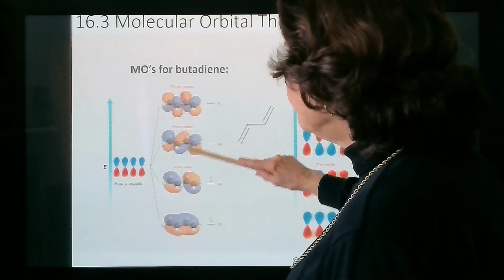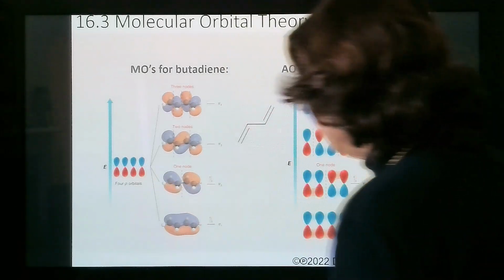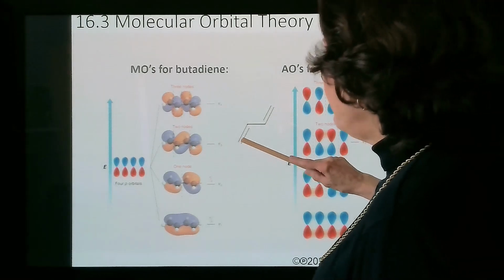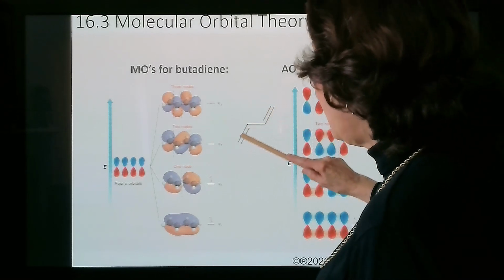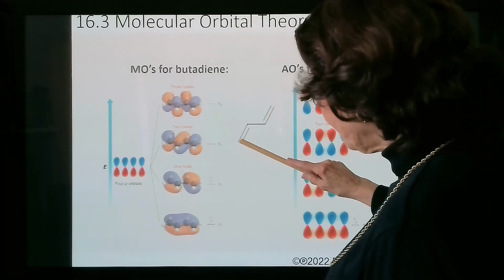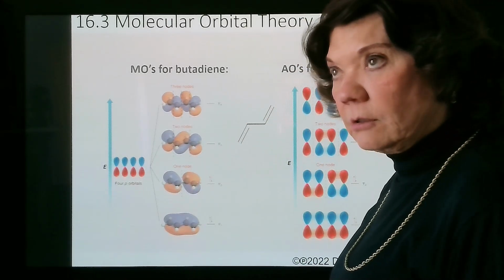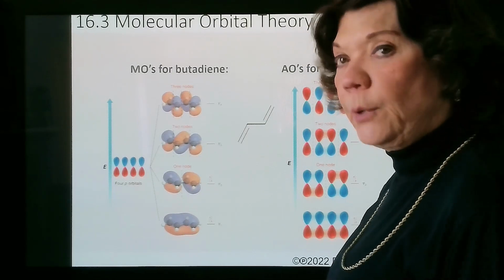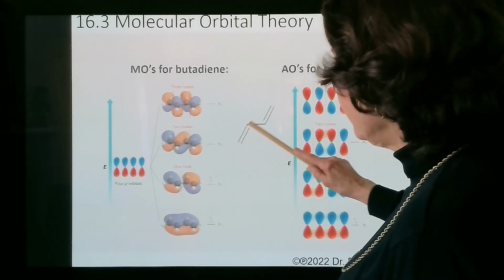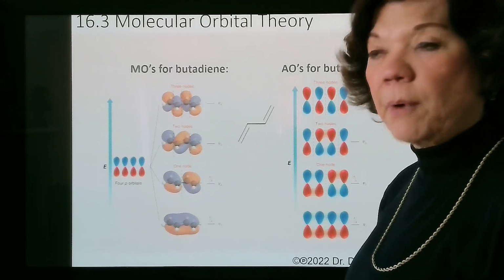Notice there are 4 molecular orbitals, 4 atomic orbitals also. And so if you have 2 pi bonds, that means you're going to have 4 carbon atoms that are contributing. Each contributes 1 p orbital. And so that's why you have a p orbital here, a p orbital here, a p orbital here, a p orbital here that can interact in the pi bond.